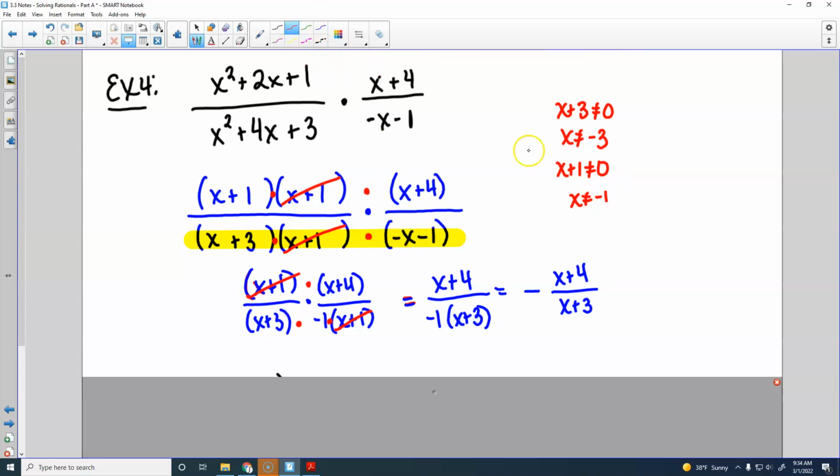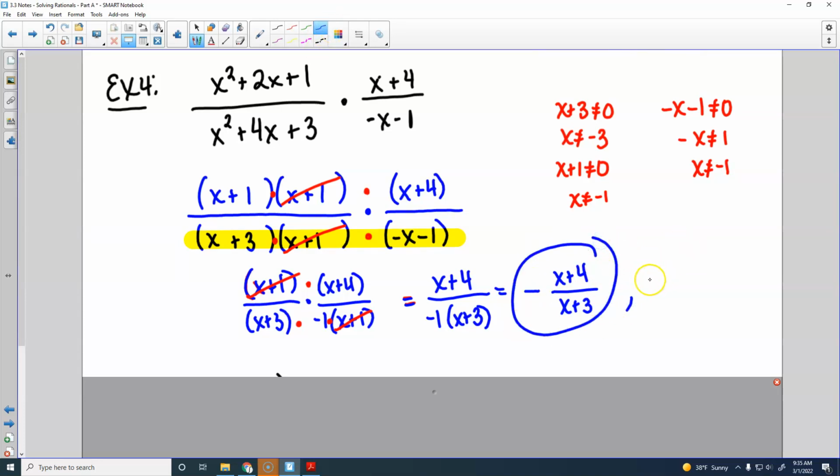And then I'd have this negative x minus 1 cannot equal 0, which would give me negative x cannot equal 1, which if I divide, just gives me another x cannot equal negative 1. Ends up being the same there. So this is my answer, but x cannot equal negative 3, and x cannot equal negative 1.